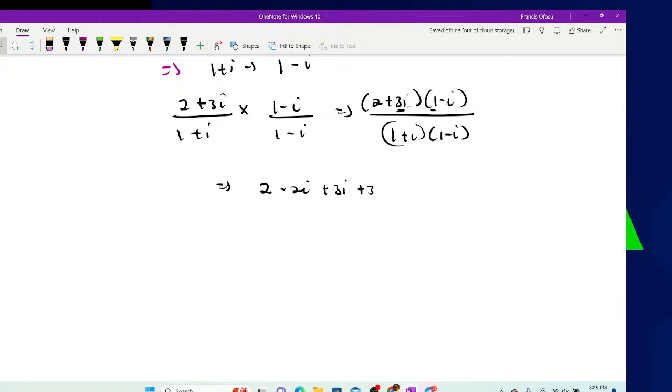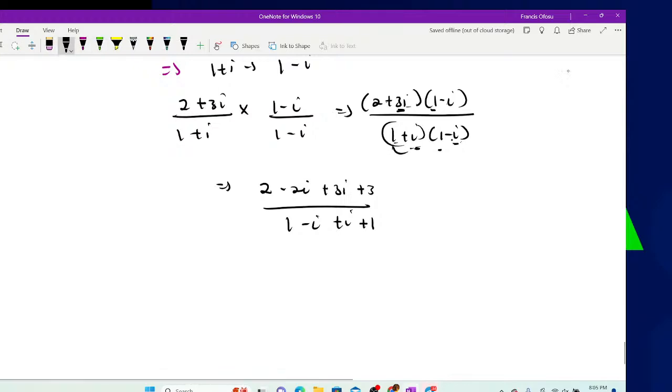So you get plus 3. All over 1 times 1 is 1. 1 times negative i is negative i. Positive i times 1 is positive i. Then i times negative i will give us what? Plus 1. Because i squared is negative 1, times the negative is giving us positive.